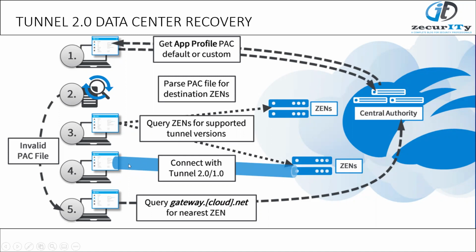Once the client connector identifies the ZENs and their supported versions, a connection will be established using Tunnel 2.0 to the Zen nodes or service edges. If the PAC file is invalid, then the client connector will establish another connection towards gateway.cloudname.net to identify the nearest Zen nodes.